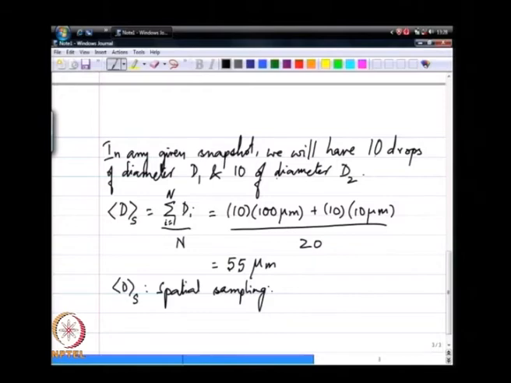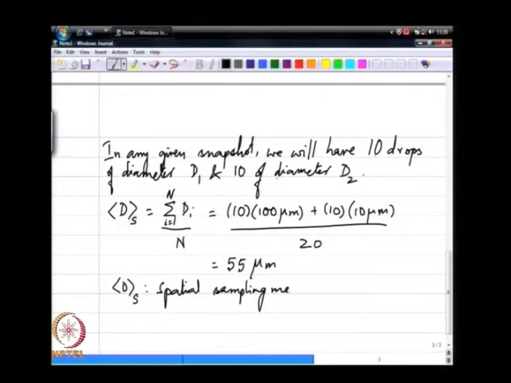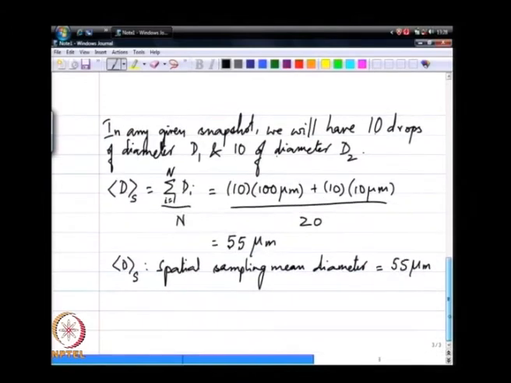For the same situation, if I do temporal sampling, so this is spatial sampling, mean diameter equal to 55 micrometers. For the same spray, if I do a temporal sampling, what do I get?